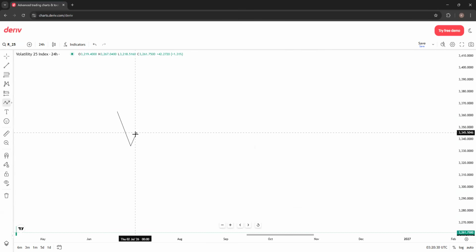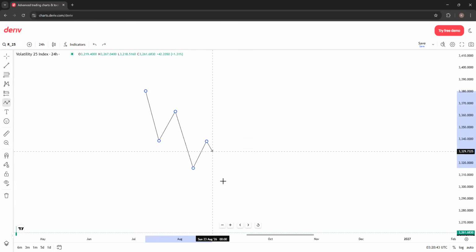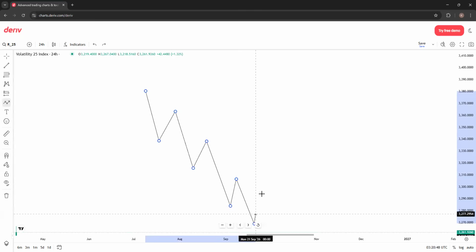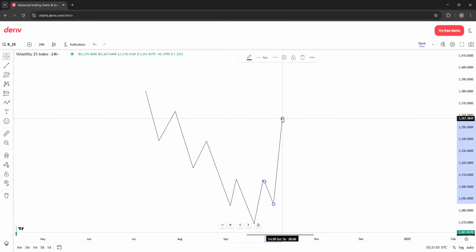We'll be in a downtrend, and then we get our shoulder, our head, our shoulder, which is our right shoulder, and then a reversal, I mean.